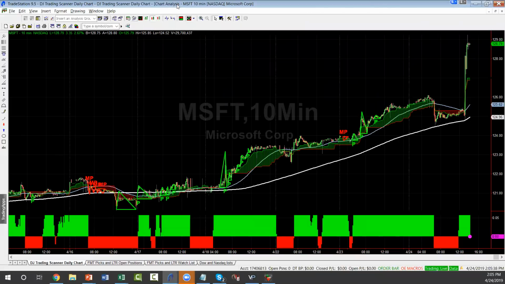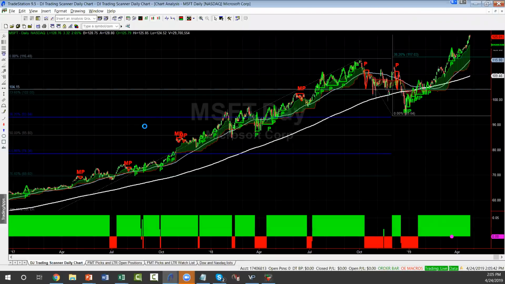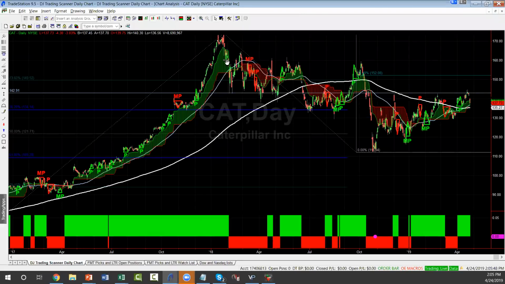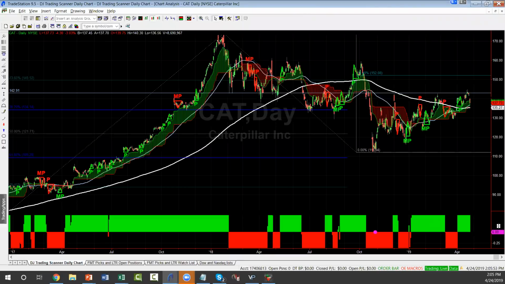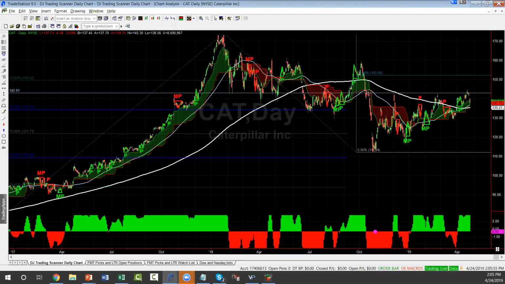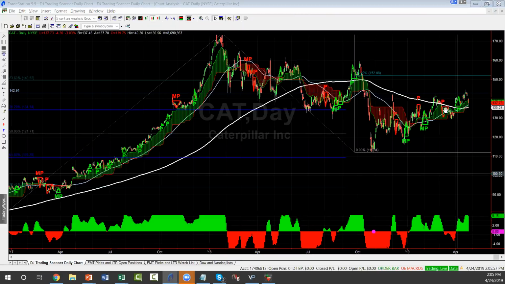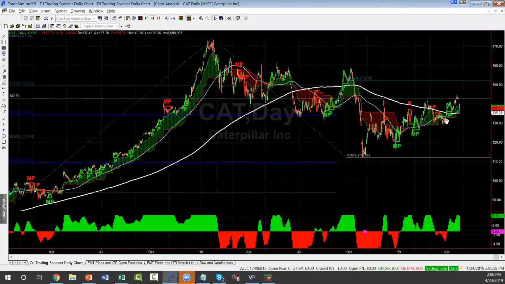I got it on a 10-minute. So Microsoft popped. Cat announced before the market today, and they didn't do so good. They got hurt a little bit, 3%. Ouch. Cat was looking like a decent long trade, but we waited for earnings, and good thing we did. And there's new information, things change, right? Things totally change.